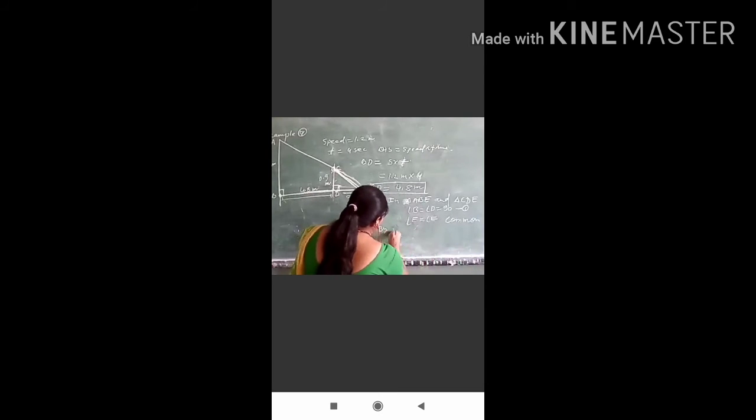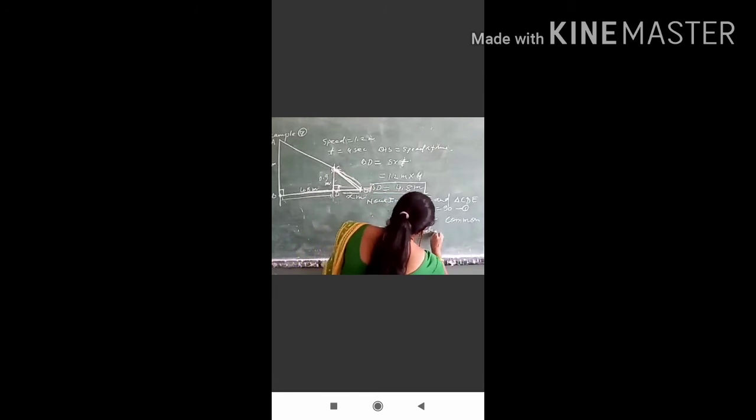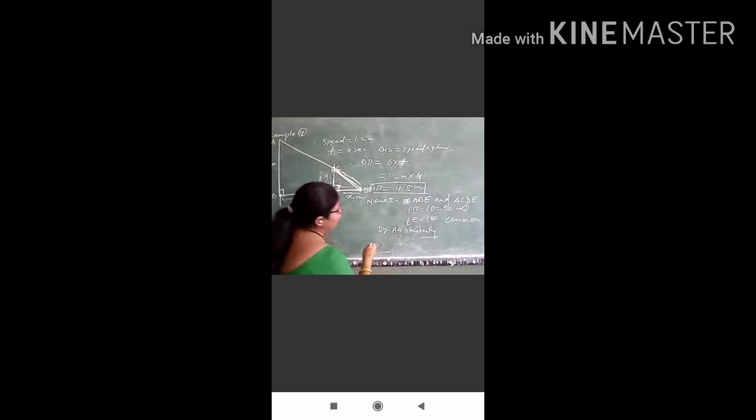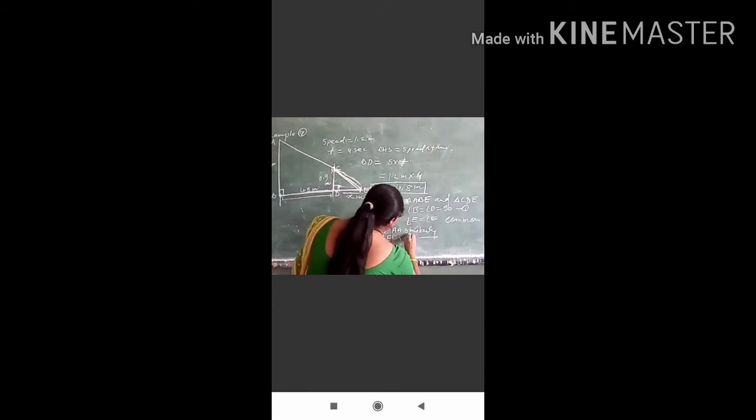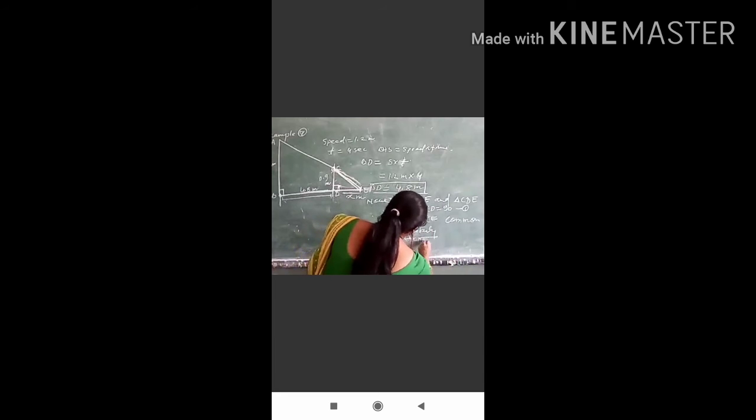Angle E is equal to angle E, common angle. So by AA similarity, triangle ABE is similar to triangle CDE.